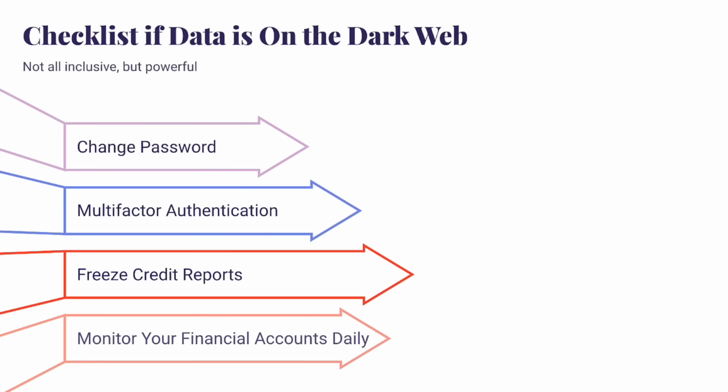Next, monitor your financial accounts daily, your credit card, your bank account, anything where you can take money out or put credit on. If you suspect something, follow the procedures at the financial institution to lock everything down, and also report it to the FTC at identitytheft.gov.